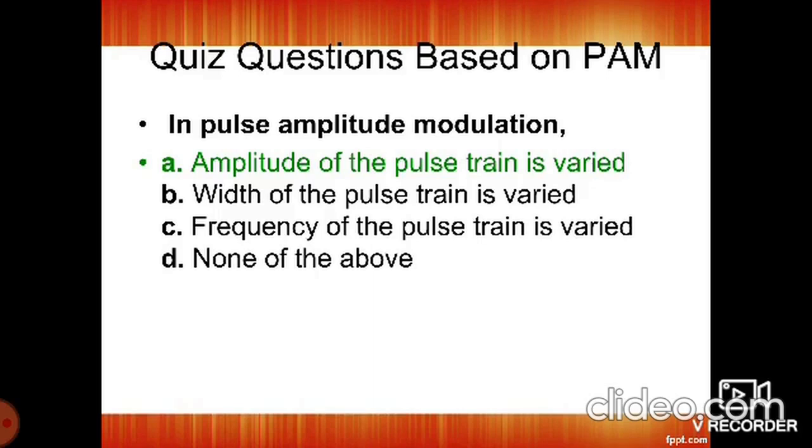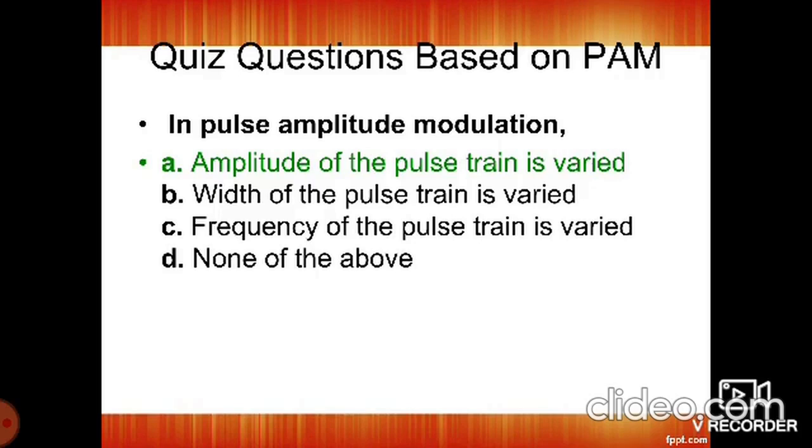Therefore, the interference of noise is maximum for the PAM signal, and it cannot be removed. Another drawback is that the PAM signal varies, so the peak power required by the transmitter also varies with the modulating signal.